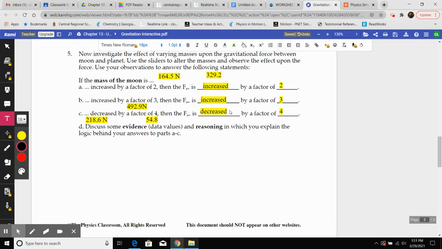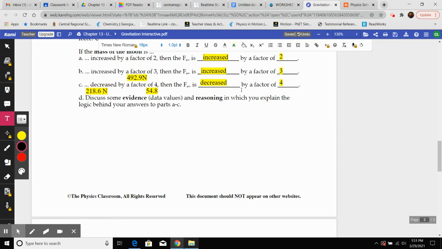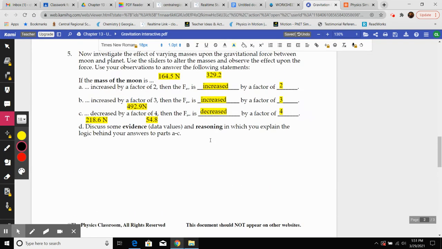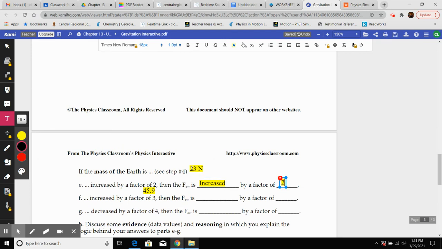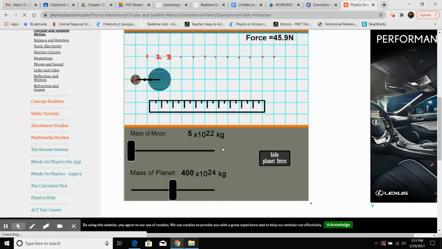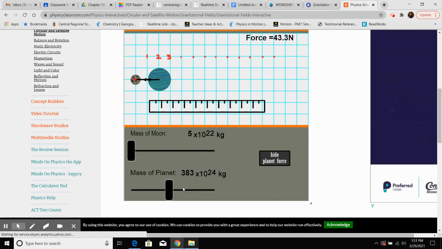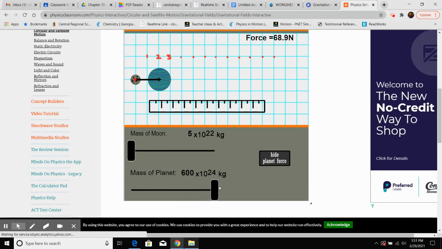Kind of looks similar. So let's see. Can you guess what it should probably be? Let's guess. This guy up here increased by approximately a factor of 3. So, well, let's just say 23 times 3 is approximately 69. Nice. Let's just see. We should assume that if we make this up to 600, because that would be triple the original, it should be close to 69.